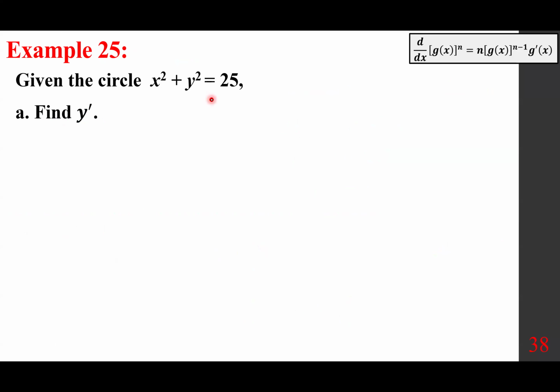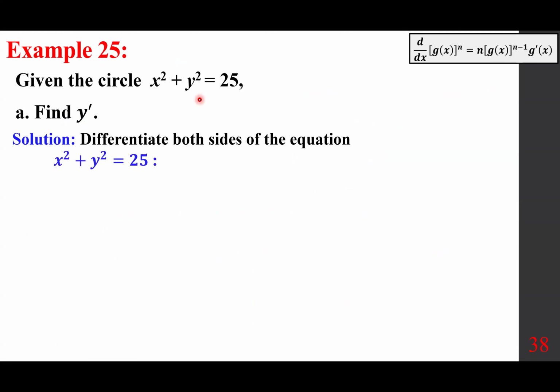Given the circle x squared plus y squared equals 25, we want to find y prime, and I'm going to go with the implicit differentiation. You can practice solving for y and trying it that way. And so, having said that, we are going to differentiate both sides implicitly with respect to x.